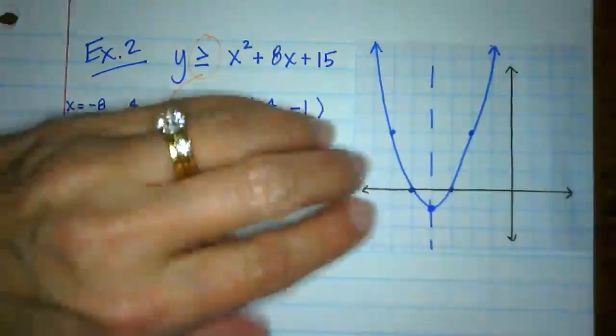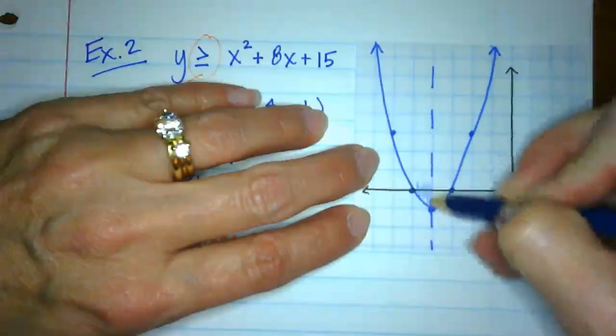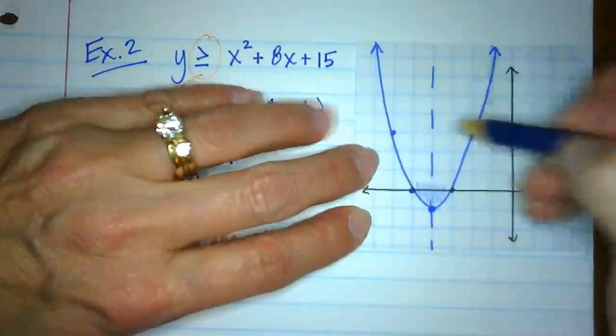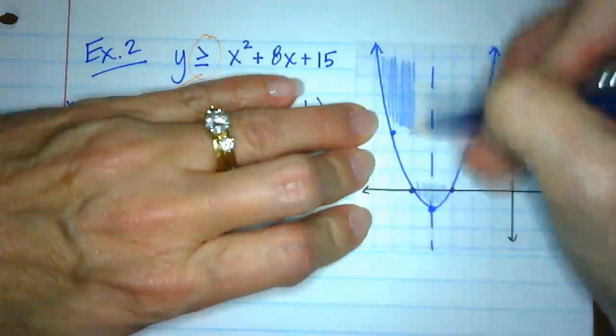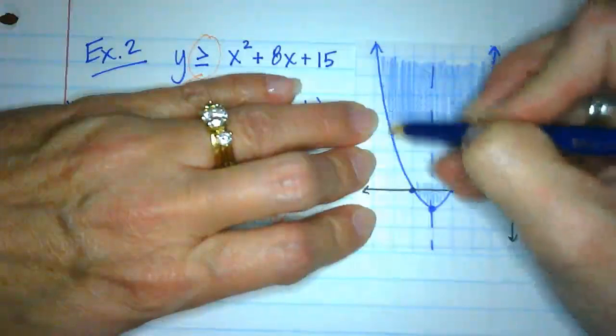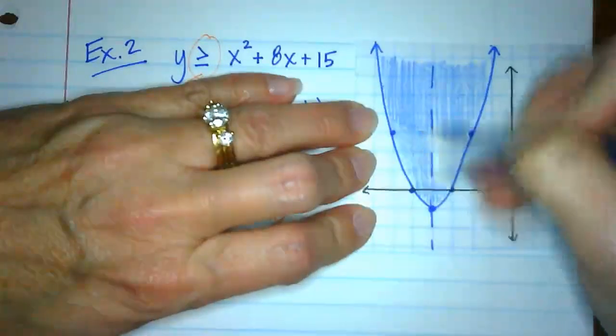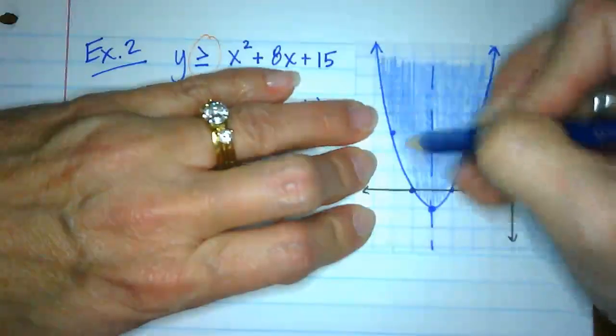We need to shade above the vertex, so above the vertex is going to be in here. So for this one, even though we're still shading above, this time it is inside of the parabola. So this is our shading part.